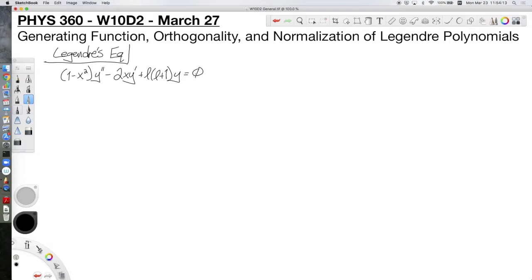And last time we found some solutions to Legendre's equation by assuming a series form of our solution. We discovered one of the solutions of Legendre's equation, which is the Legendre polynomials. Today we want to talk about a few of the features related to Legendre polynomials. The first of these features is something called the generating function.